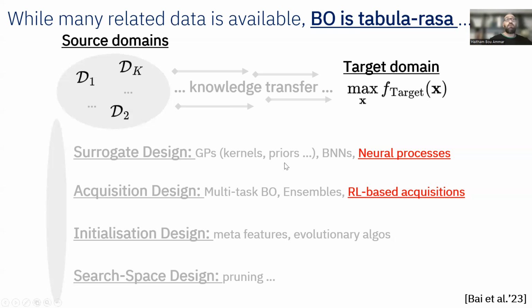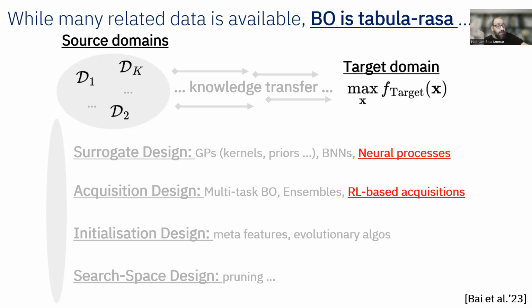So they look at different forms of priors, or different forms of kernels that take into account cross-domain knowledge from all those fields. Others are looking at Bayesian neural networks. But the latest work is looking at neural processes, which I will introduce and focus on in this talk.